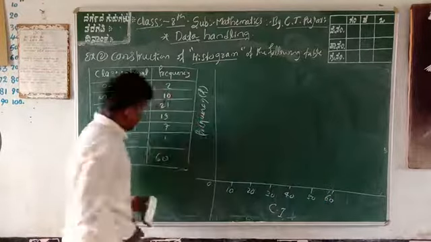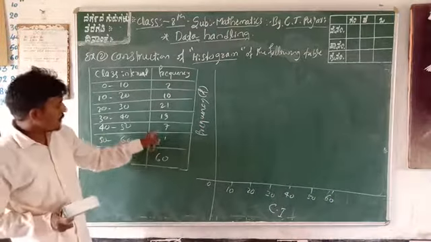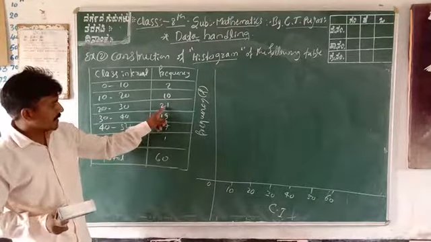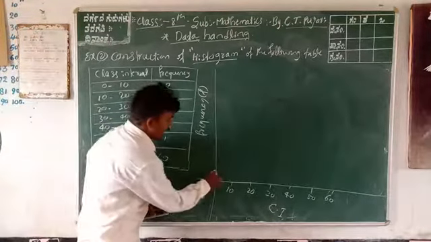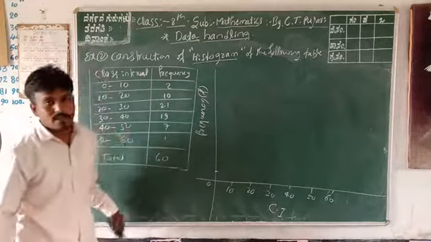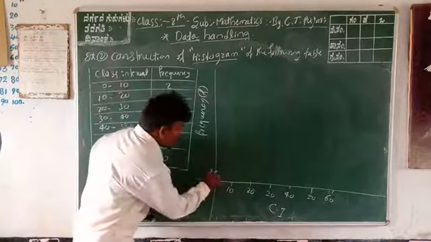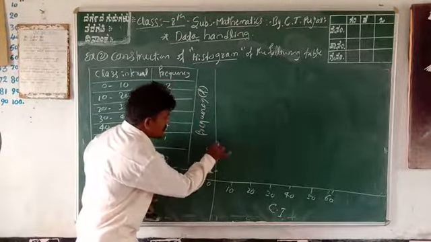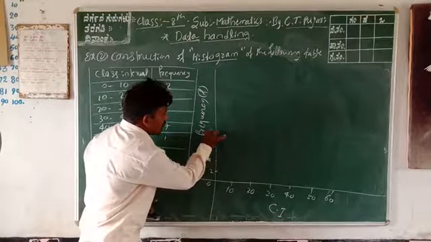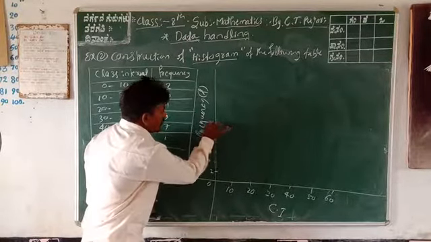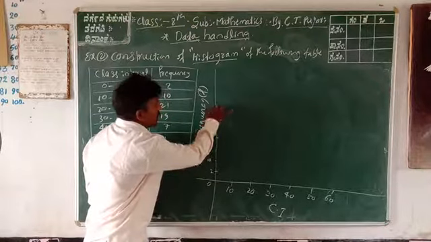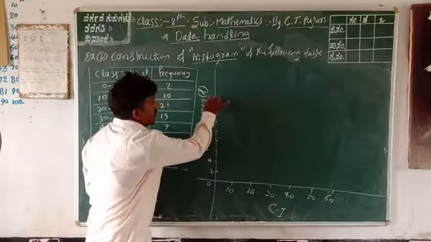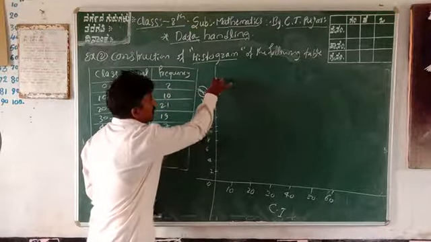In this one, the smallest number is 1 and the biggest number is 21. You can take the scale up to 21. You can take 2, 4, 6, 8, 10, 12, 14, 16, 18, 20, 22.